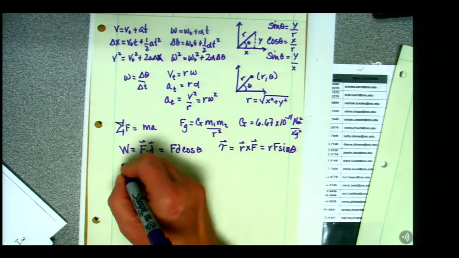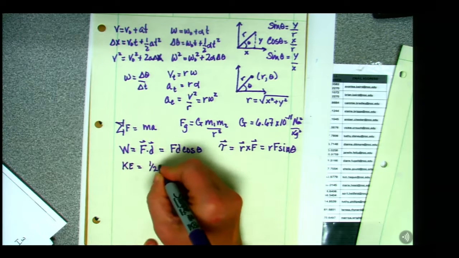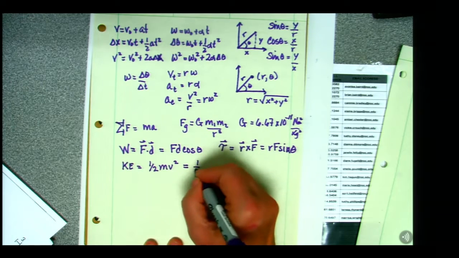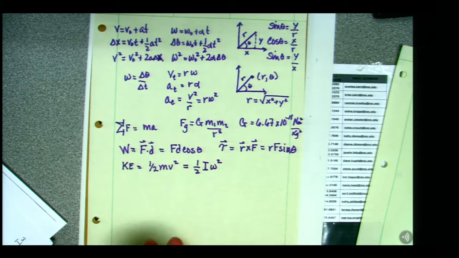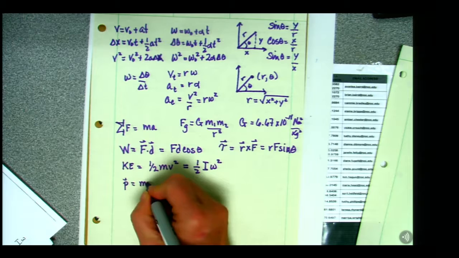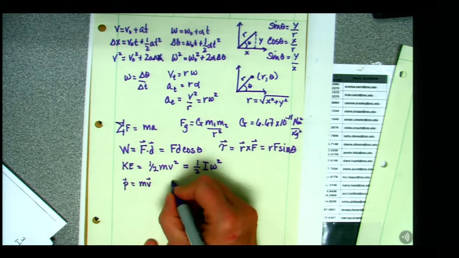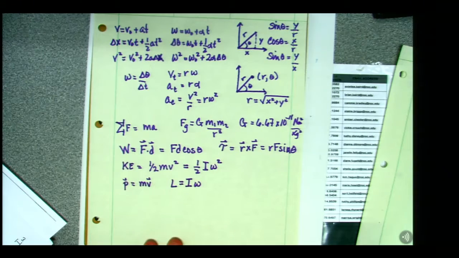We've looked at kinetic energy, which is 1/2 m v squared, or it is equal to 1/2 I omega squared. We've done momentum, as the book does it, with a p. And we've done angular momentum as I omega.